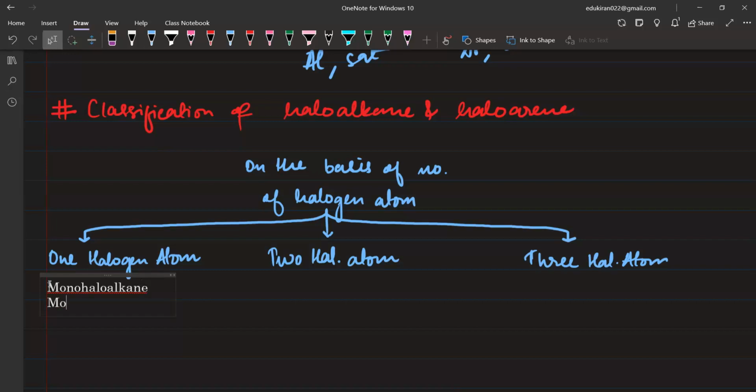If it is haloarene, then we call it mono haloarene. Okay, so I hope you know what is haloalkane and haloarene. When it is having a benzene ring, it is haloarene. Right, it is arene. If it is not having a benzene ring, then वो alkane हो जाता है. ठीक है. So for two halogens on an alkane, you are going to call it di haloalkane, and then you are going to call this one di haloarene.